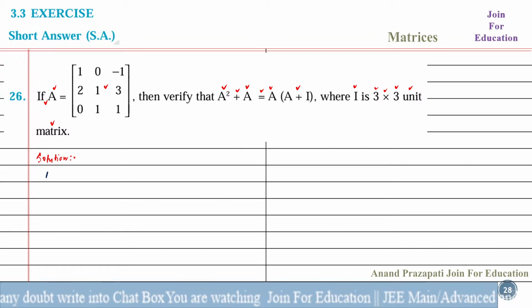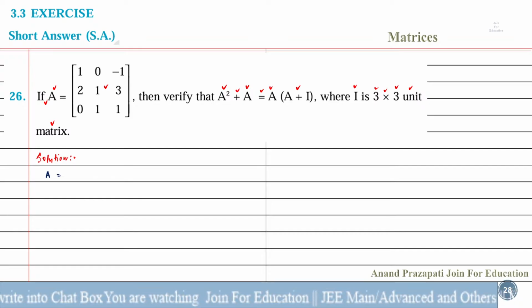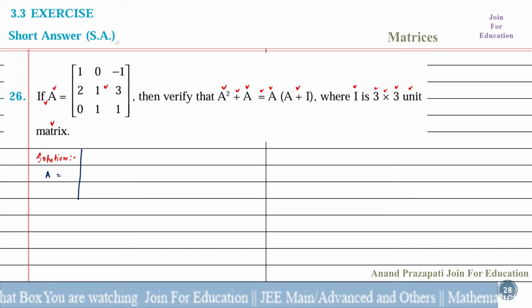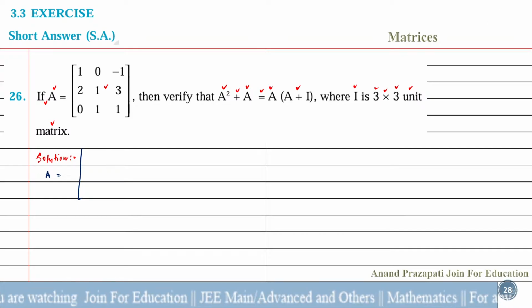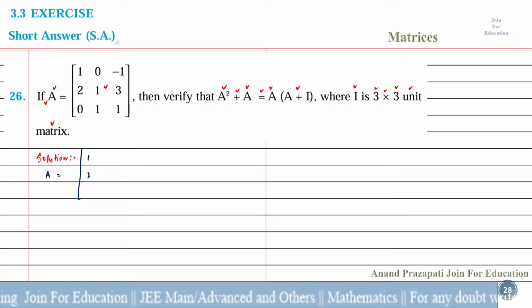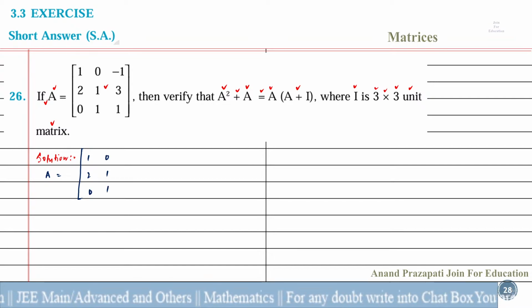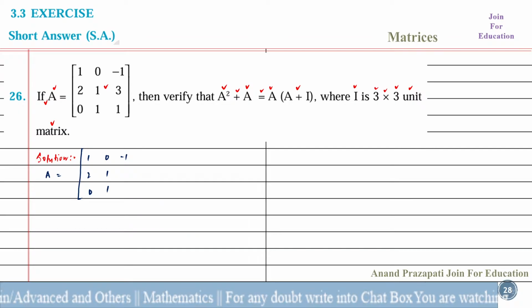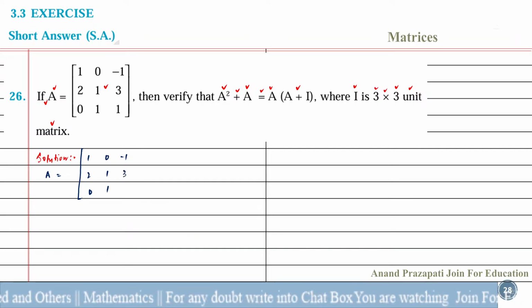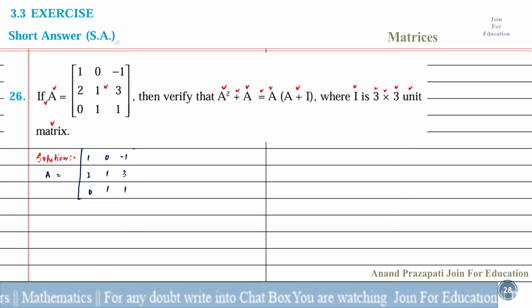Matrix A equal to here 1, 2, 0, 0, 1, 1, minus 1, 3, and this is the 1.